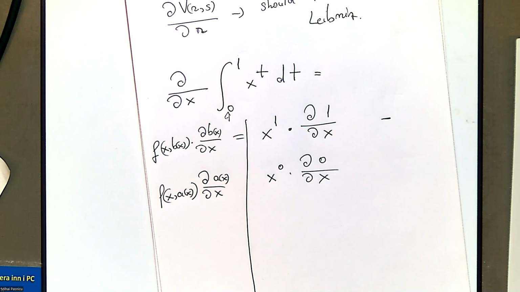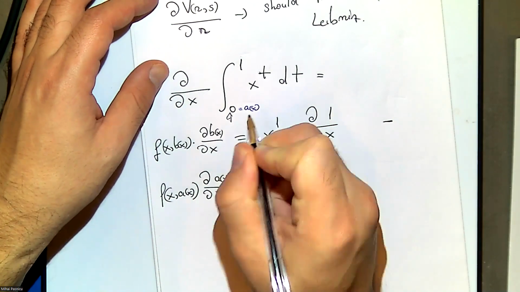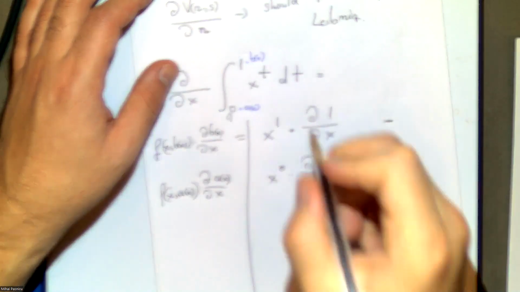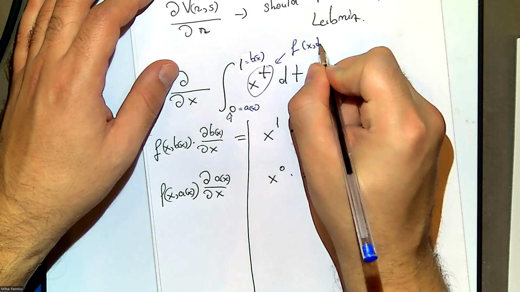Everyone on board with what I'm doing? Just for identification purposes, this is a of x, this is b of x, and this is f of x, t.